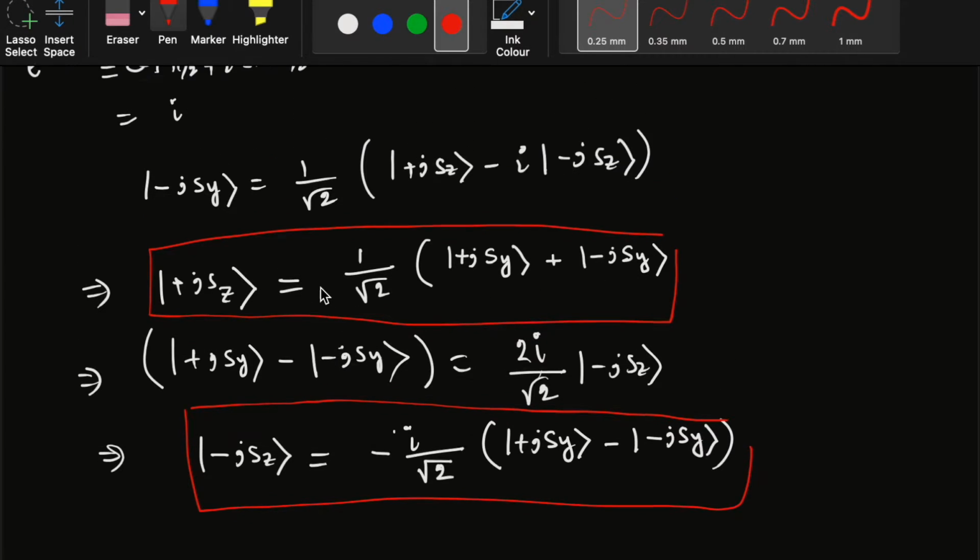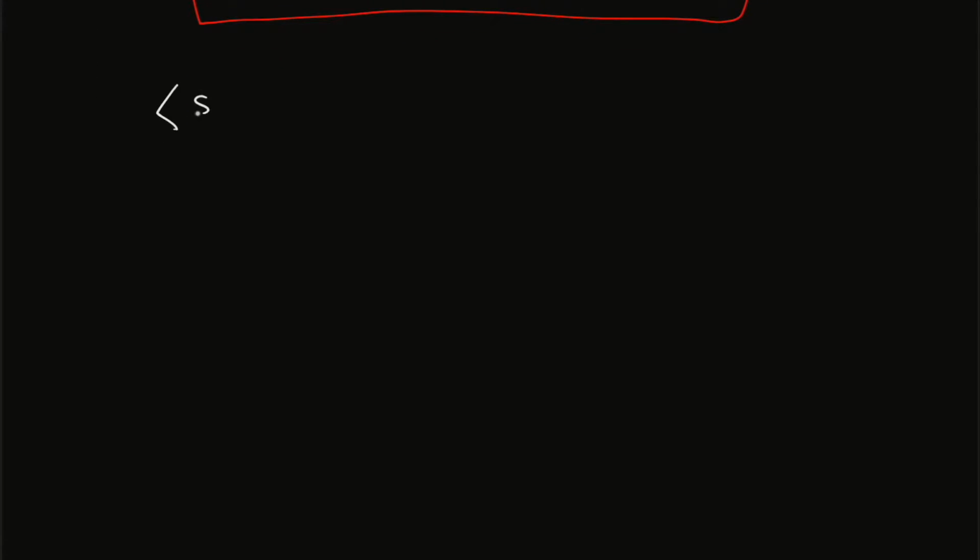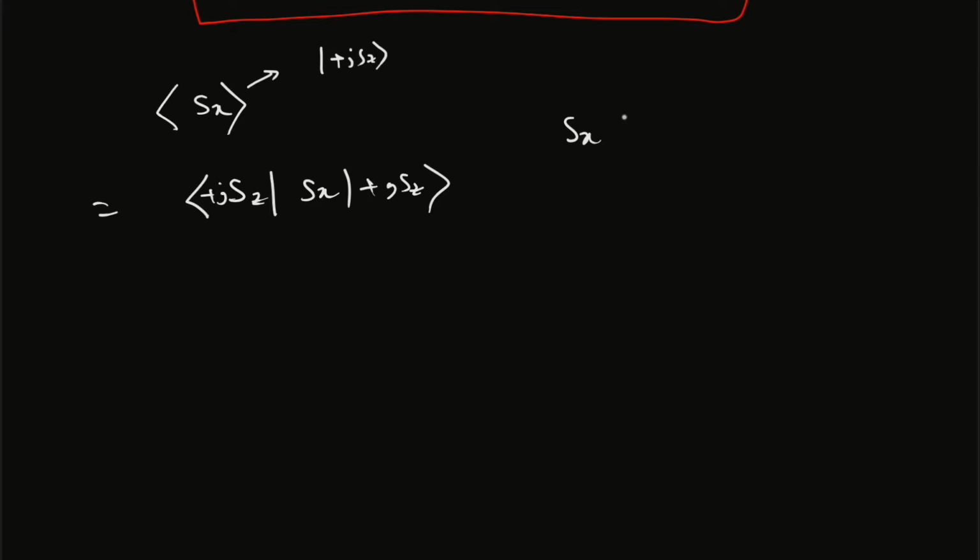Now let us calculate the expectation value of Sx in state plus Sz. What is it? We know that it is plus Sz, Sx, plus Sz. Now this plus Sz can be written as 1 by root 2 plus Sx plus minus Sx.